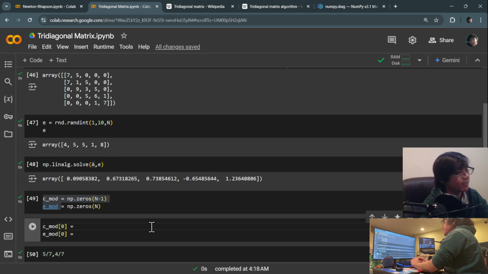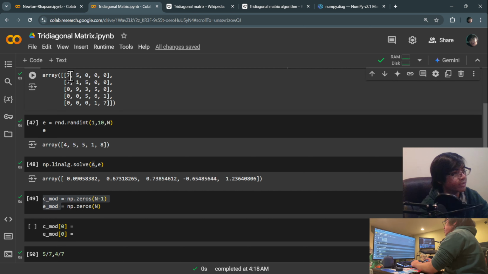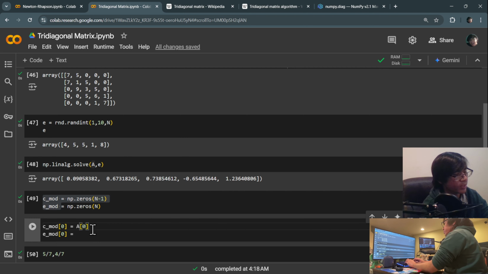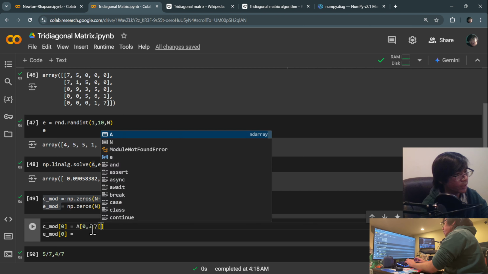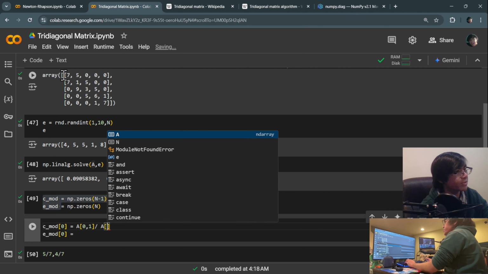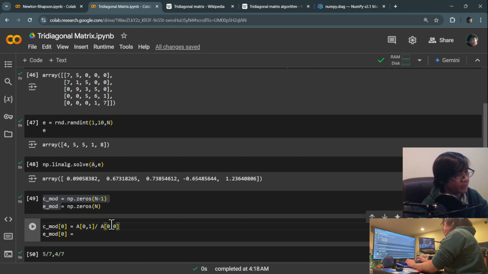So for our C mod, the modified value is C1 over B1. So that is row 0, column 1 for the C1. So row 0 of our A matrix, column 1 divided by row 0, column 0, the origin point, if you want to call it that.